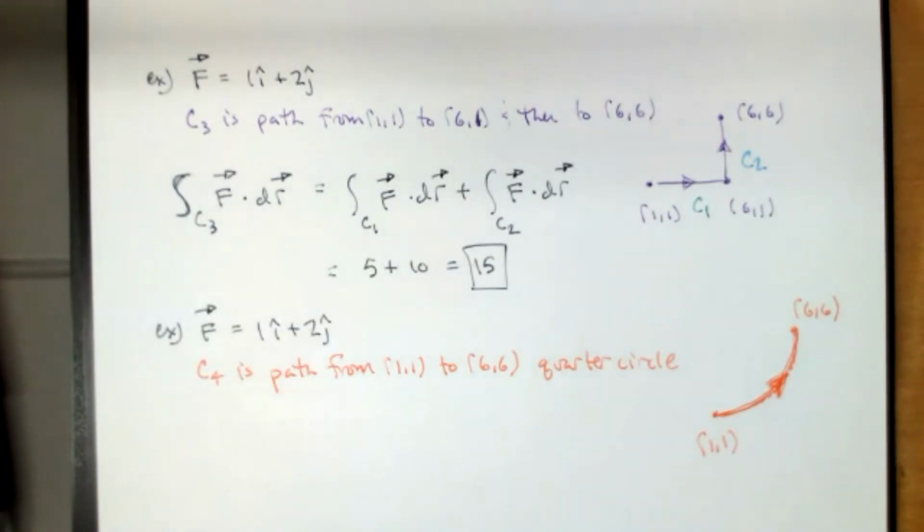We still have the same starting and ending as in the previous example. Same vector field, 1 plus 2j, starting off at 1,1, ending up at 6,6. But this time we're going to follow a quarter circle from 1,1 up to 6,6. Specifically this quarter circle.